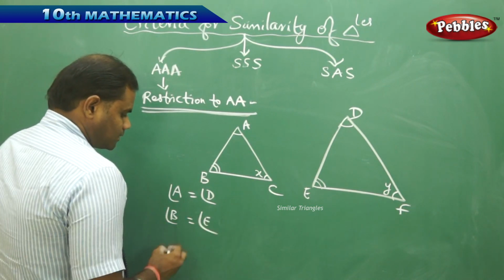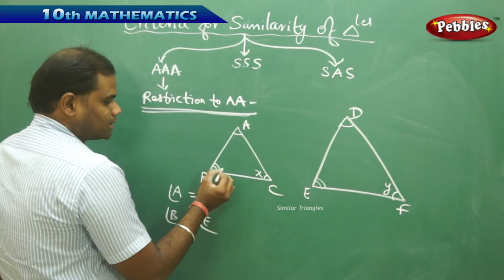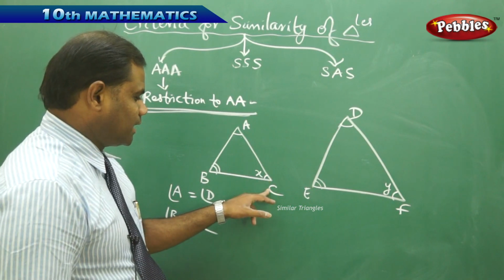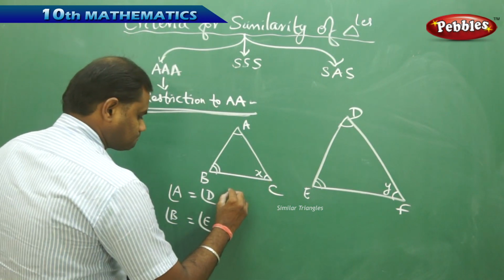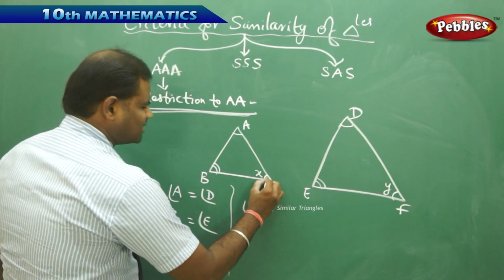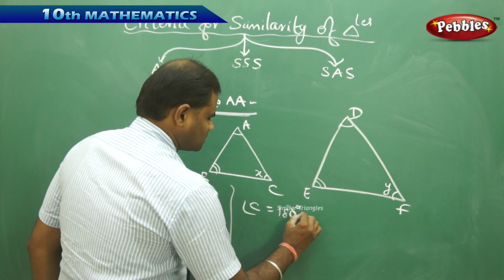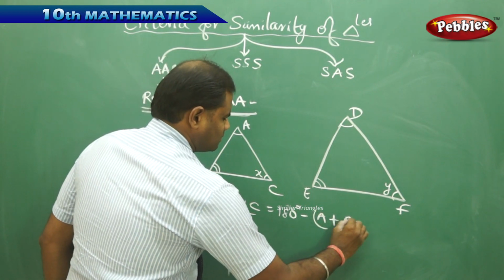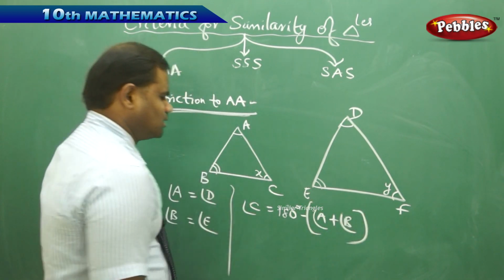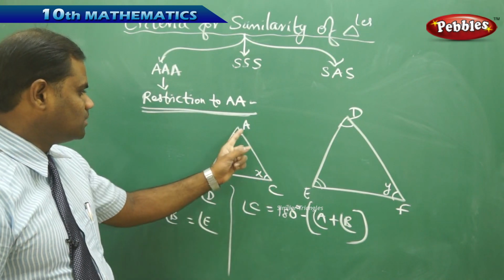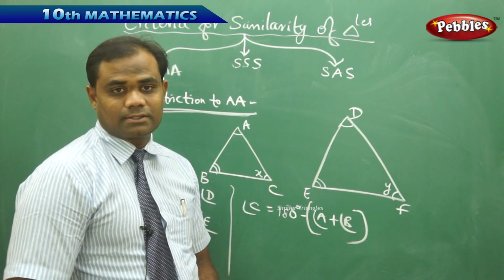Since angle A is equal to angle D and angle B is equal to angle E, angle C is nothing but 180 minus (angle A plus angle B), because the sum of the three angles of a triangle is 180. Therefore, angle C will be 180 minus (angle A plus angle B).